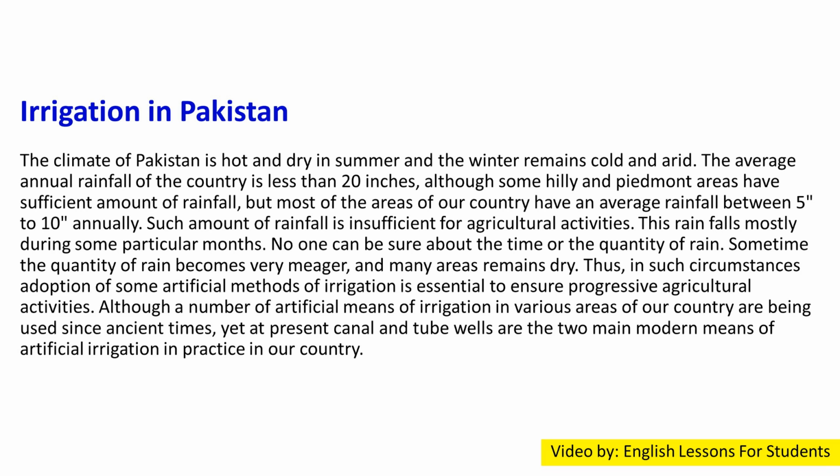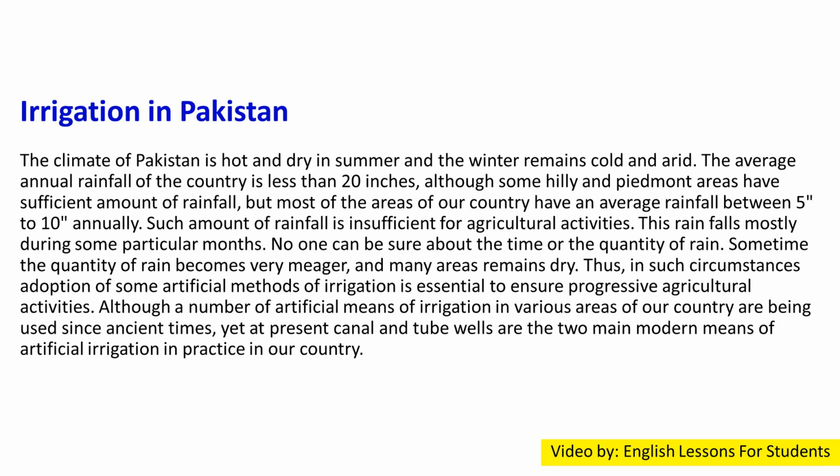No one can be sure about the time or the quantity of rain. Sometimes the quantity of rain becomes very meager and many areas remain dry. Thus, in such circumstances, adoption of some artificial methods of irrigation is essential to ensure progressive agricultural activities.